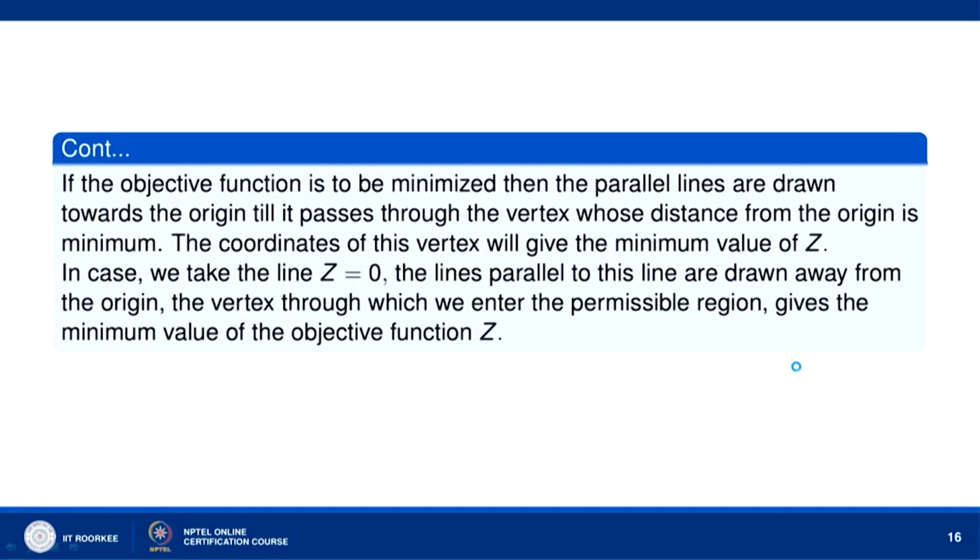Now, if the objective function is to be minimized, then the parallel lines are drawn towards the origin till it passes through the vertex whose distance from the origin is minimum. Let us say this is your C1x1 + C2x2 = 0 and the region is this.